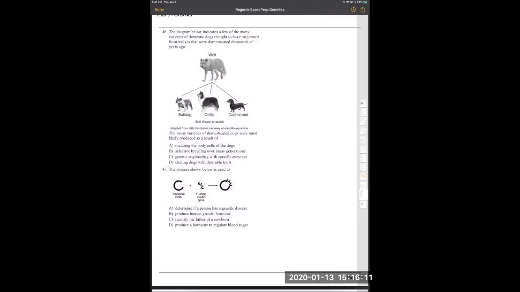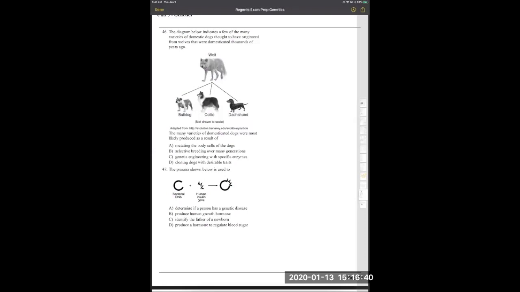These three dogs came out of wolf, originated from the wolf. The many varieties of domesticated dogs were most likely produced as a result of cloning dogs with desirable traits. Well, kind of looks right to me, because people have always tried to produce dogs with the desirable traits.